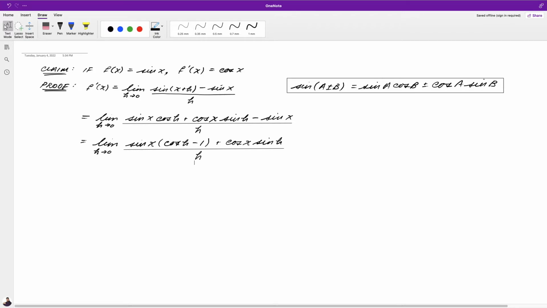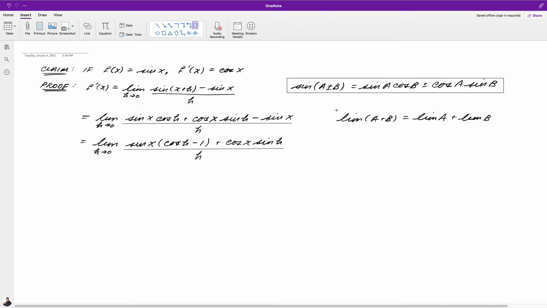Looks good. Now, we have to realize a couple things here. Firstly, the limit of a sum is the same thing as the sum of limits. Okay, so let's get that in the box there.